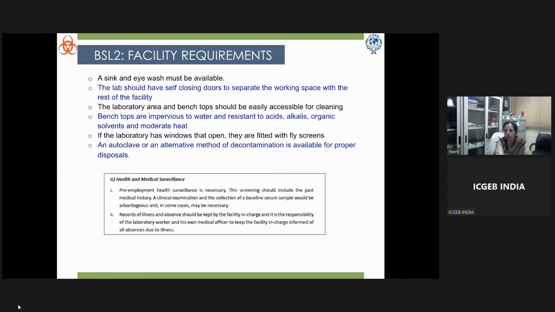Windows, if any, even in the lab, need to be fitted with privacy and are best closed at the time when experiments are in place.